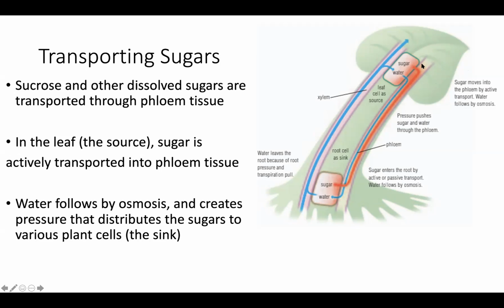As that's happening, remember the water is going to move by osmosis to try to eliminate that concentration gradient. That movement of water is going to help distribute the sugars throughout the phloem.